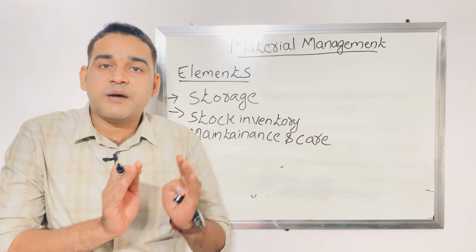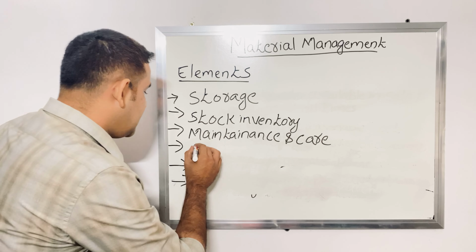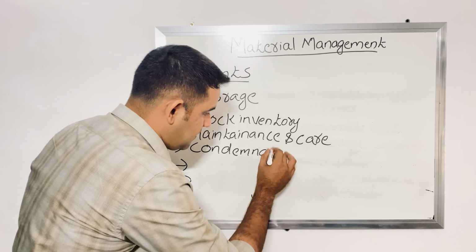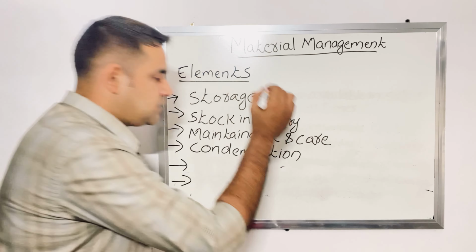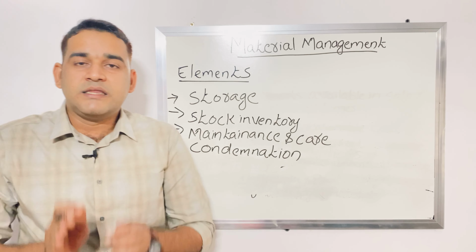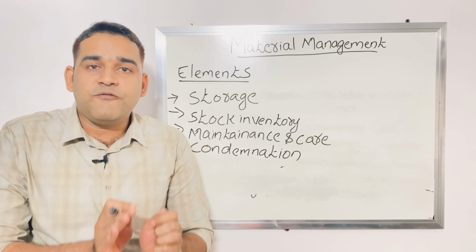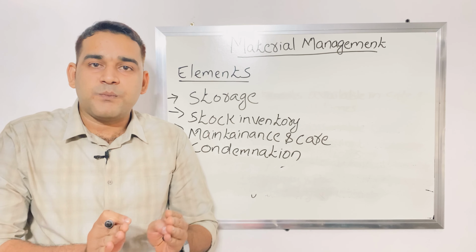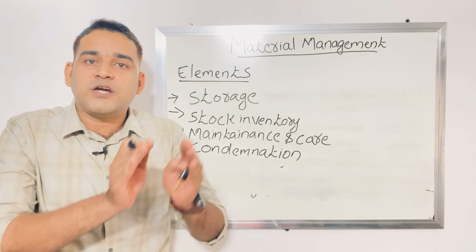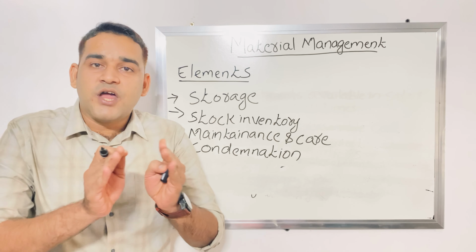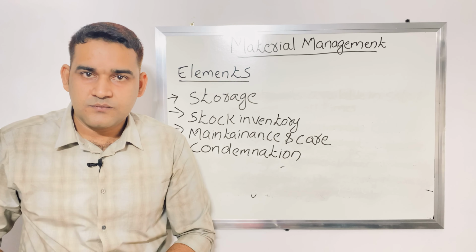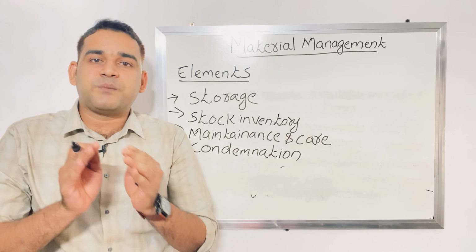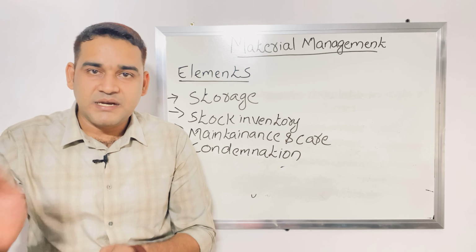Next one is condemnation. The last element is condemnation. Condemnation means the disposing of the non-functioning items. If a material, an equipment or an apparatus is not working, and if you try to repair it, the cost of the repairing will be more than the cost of that material.